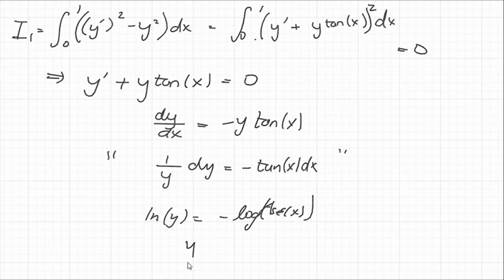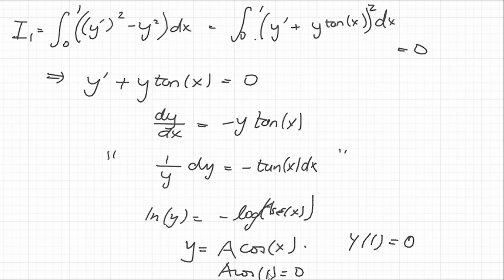So I've got, therefore, y is just equal to a cosine of x, by bringing this minus into the exponent and then getting rid of the logs. So y is equal to a times cosine of x, but remember we have to have the condition that y of 1 equals 0. So if y of 1 equals 0, we have that a times cos 1 is 0, and cosine of 1 is definitely not 0, so we can get rid of that, and we have that a equals 0.